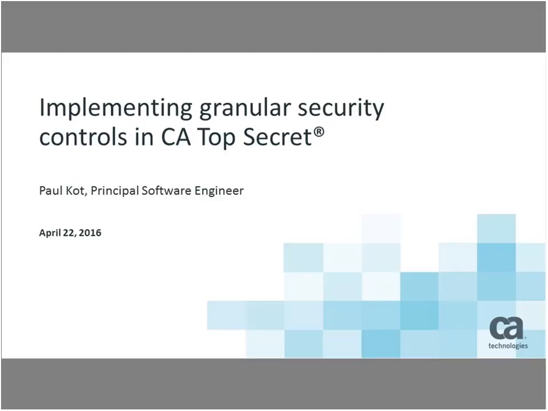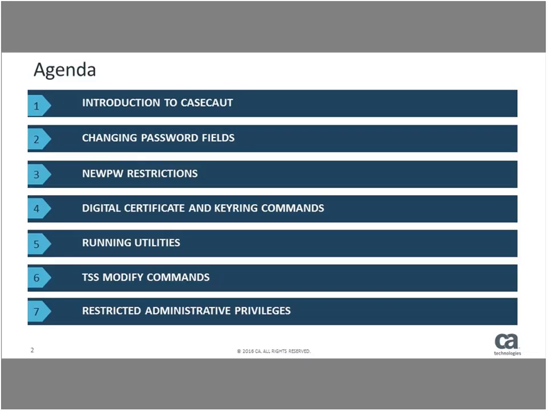This session is going to focus on administrative authorities and how you can get more flexible and granular security when it comes to administrating authorities for your Top Secret environment. The agenda for today is first, I'll introduce the CA CASECAUT, which is the resource that provides that granularity for administrative authorities.